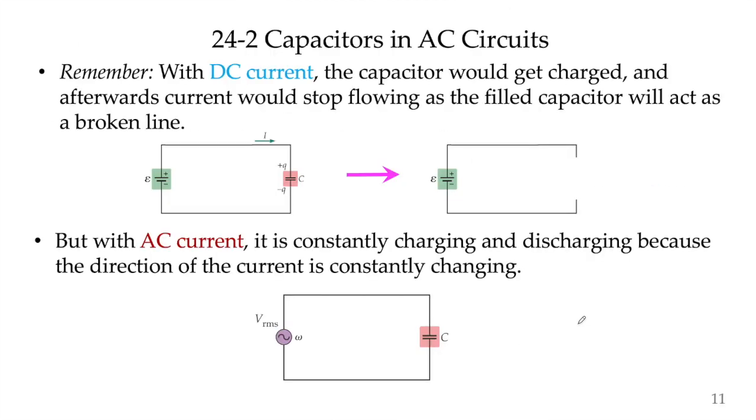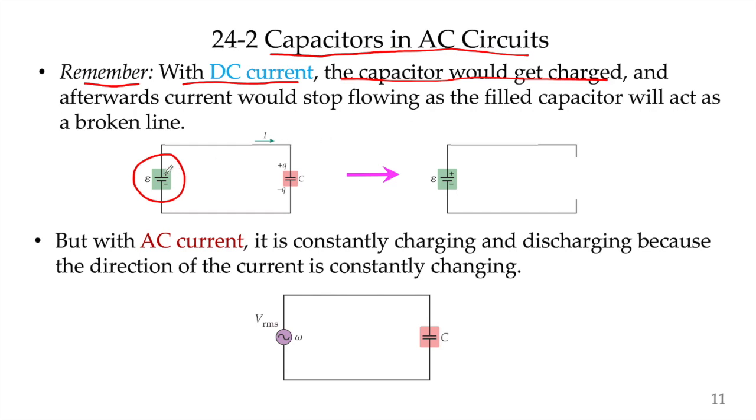Okay, so now we are moving into the subject of capacitors in AC currents. Now throw away the resistance. Now we're going to only use the capacitors with the AC circuits. But before that, let's remember something from the earlier chapters. With DC currents, let's say we have a battery like this, the capacitor would get charged.